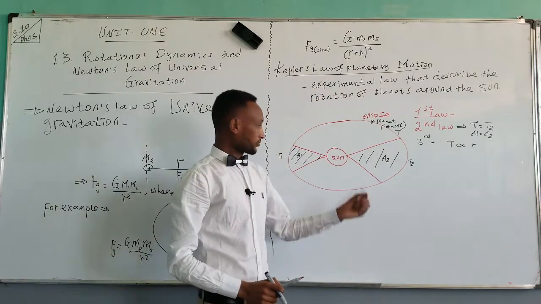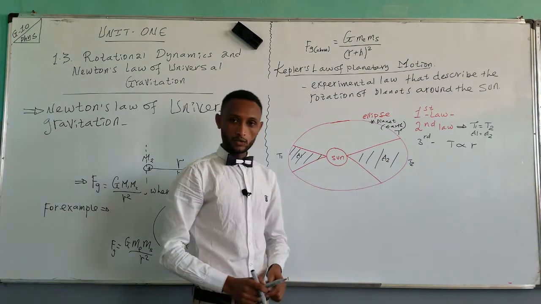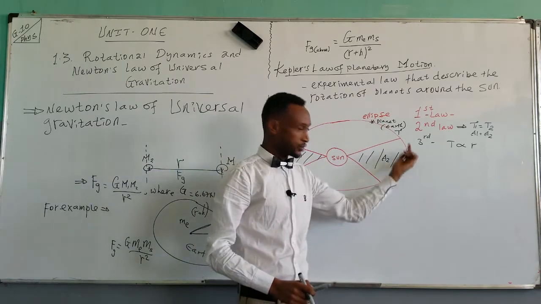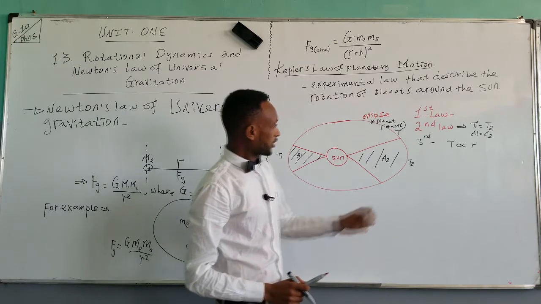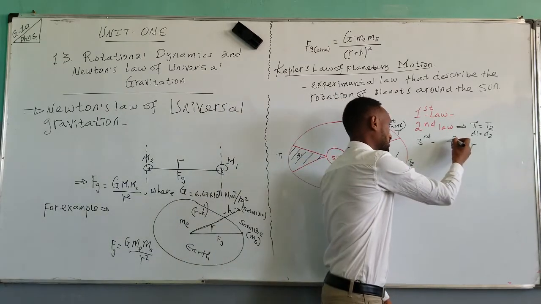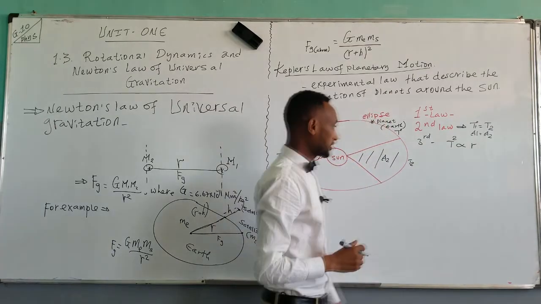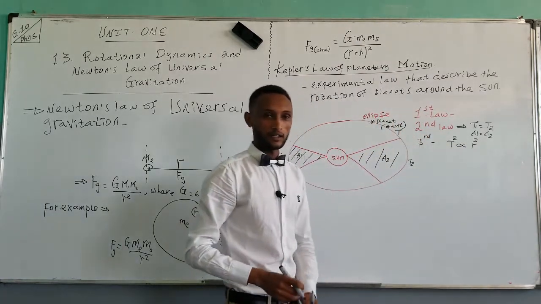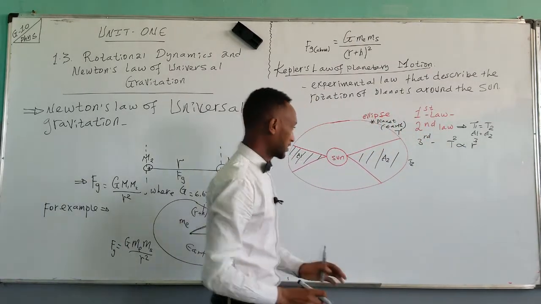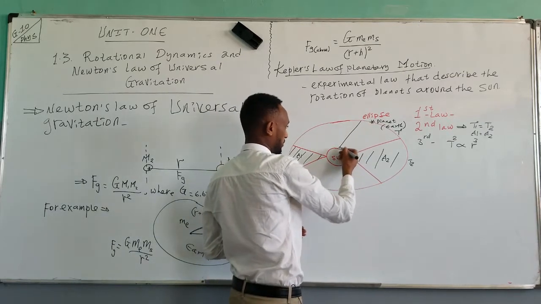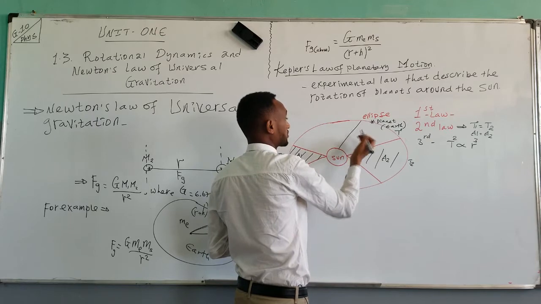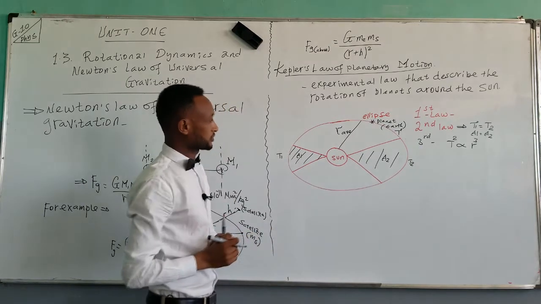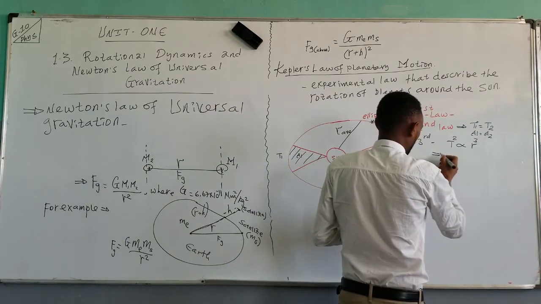The third law states that the time it takes for the planets to orbit the sun, the period squared, is directly proportional to the cube of the average distance between the planet and the sun. If you take the distance between the planet and the sun, this distance is the average distance, and you can express this.